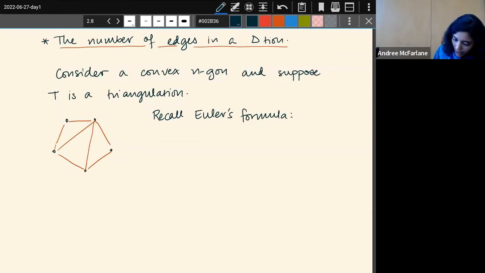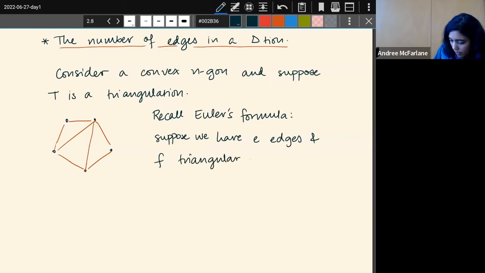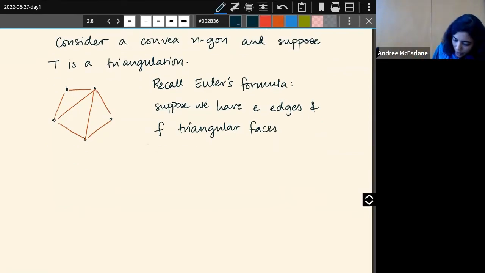Suppose we have e edges and f triangular faces. I'm looking at the internal faces, not the external one. Then we have this formula: n minus e plus f equals 1. So it's very, very classical. Okay, that's good.